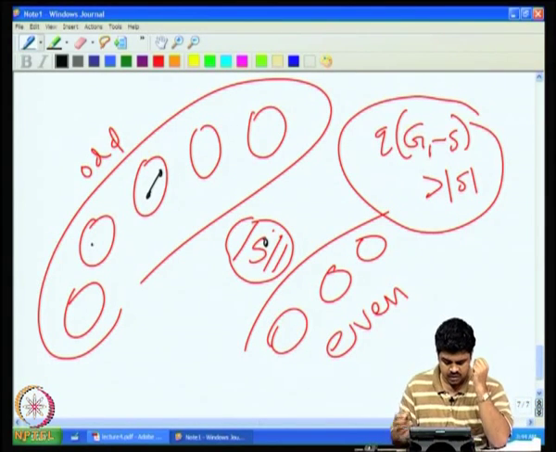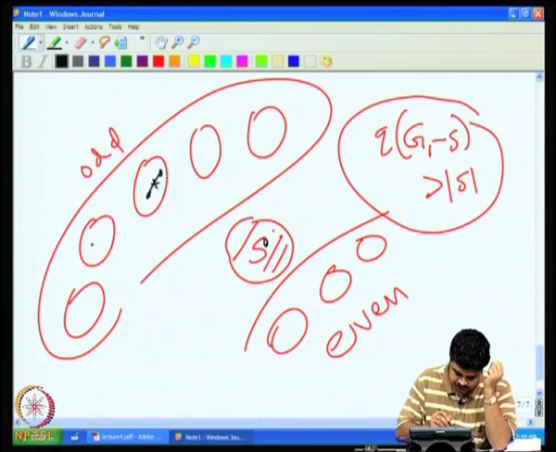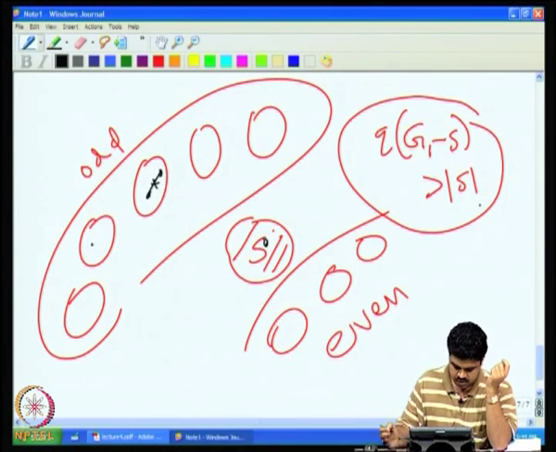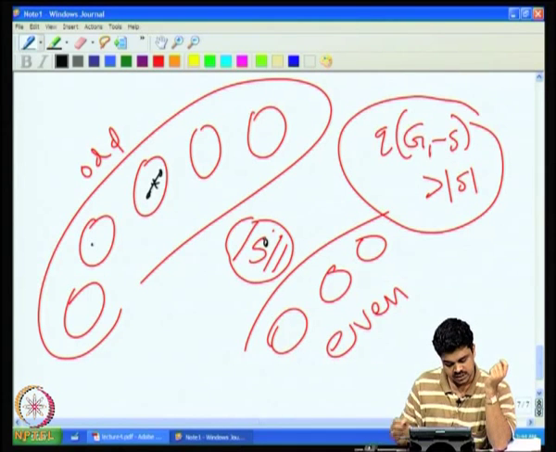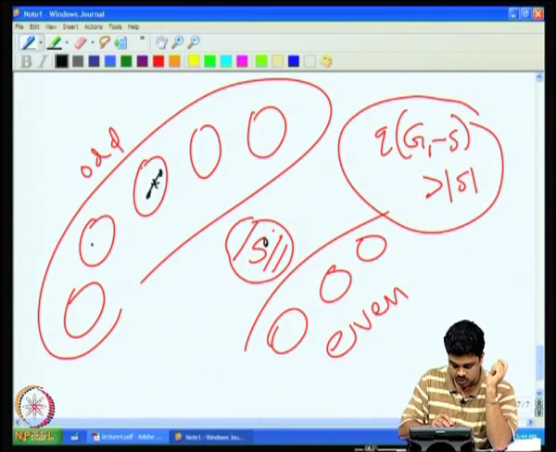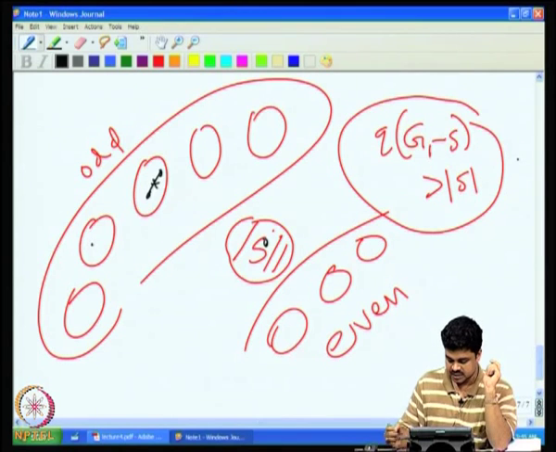When we get rid of the edge to go back to G, what can happen? If this component remains intact, connected even after removal of this edge, then it's fine. Again this inequality will be satisfied, and therefore S will be a bad set.